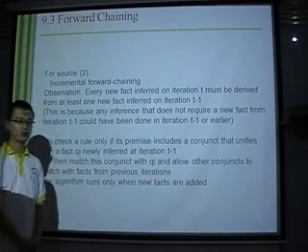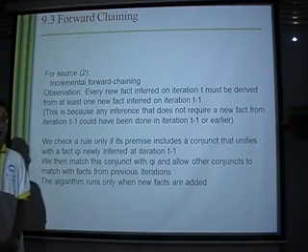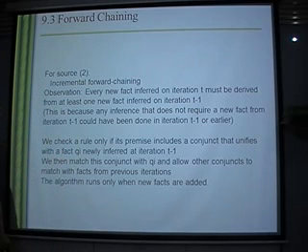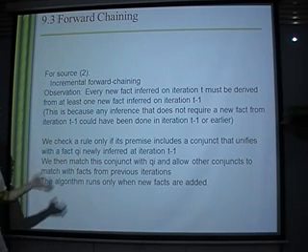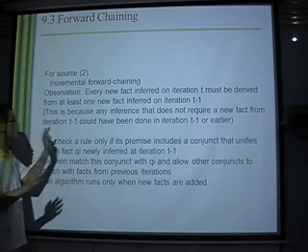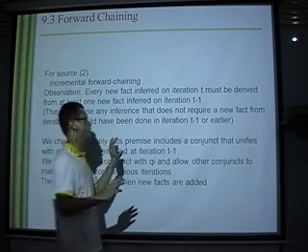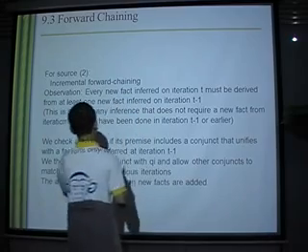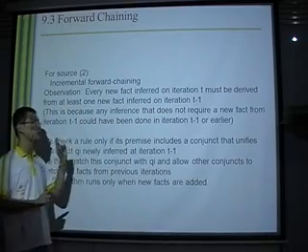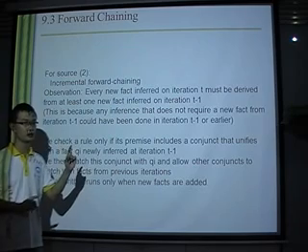And for source 2, we developed a technique called incremental forward chaining. It stems from the observation that every new fact inferred on iteration t must be derived from at least one new fact inferred on iteration t minus 1.